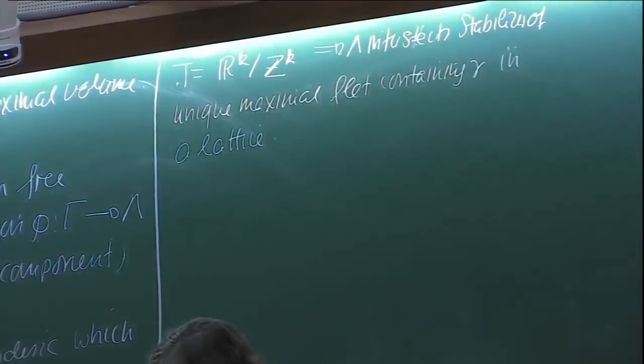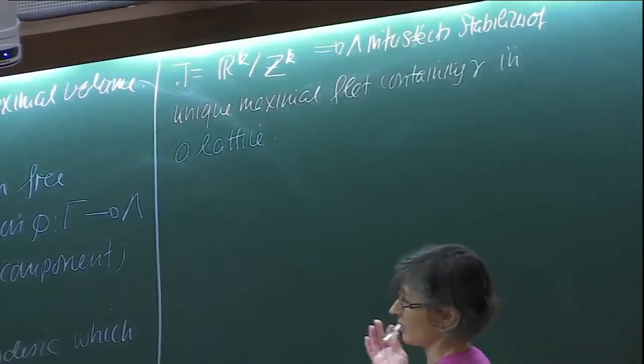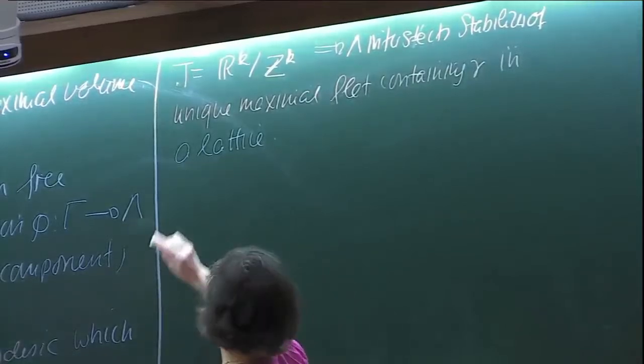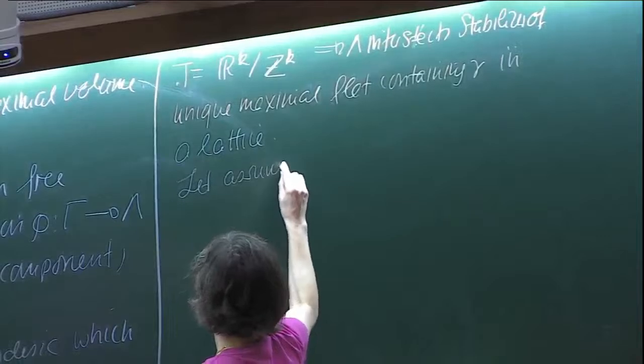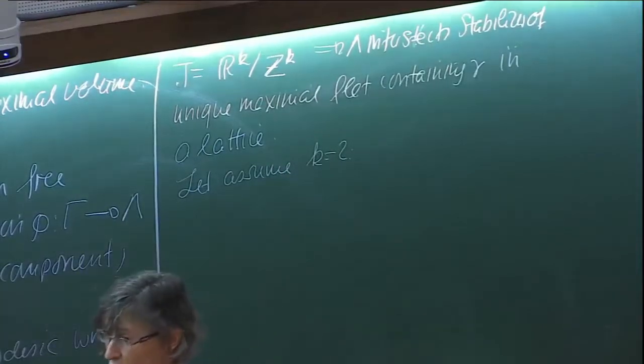So now let me give you some information on the organization of these flats. Here's an interesting question, I think. This is a small side remark. Let us assume k is equal to 2. So the rank is equal to 2. Then this torus will be a 2-torus.